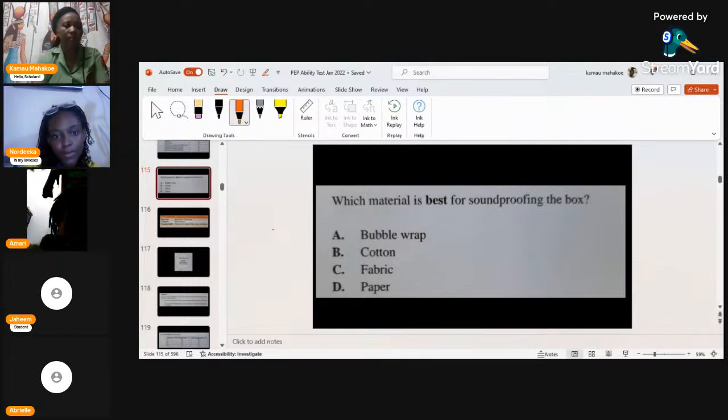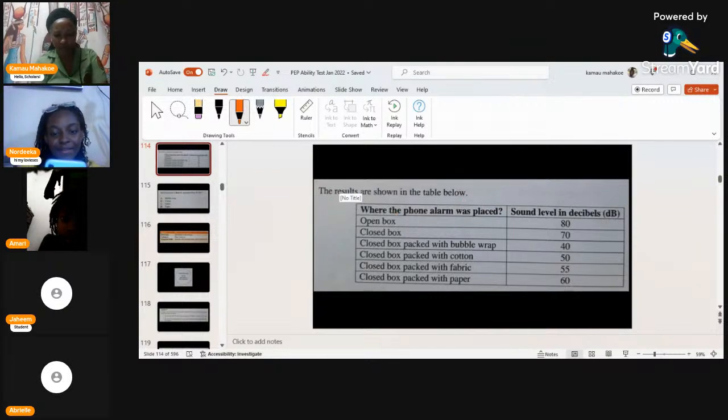Bubble wrap. All right, so if we go back, we see that the bubble wrap released 40 decibels of sound. That's the lowest one. And the open box has the highest decibel because all the sound being played on the phone comes out of it.